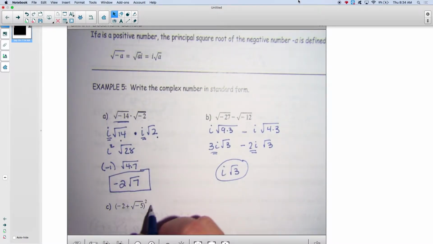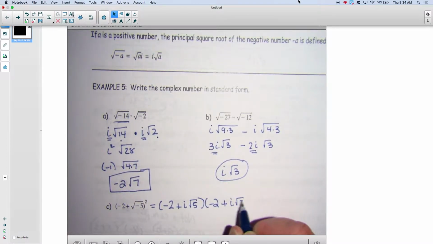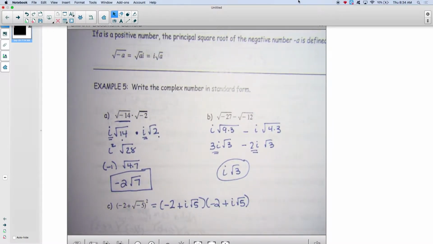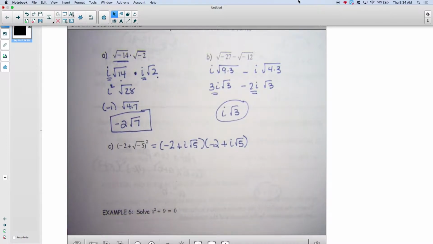Okay, C. It's going to be negative 2 plus i square root 5 times negative 2 plus i square root 5. Again, when you're multiplying and you see those negatives underneath the square roots, write them as complex numbers first. Write them as an i.